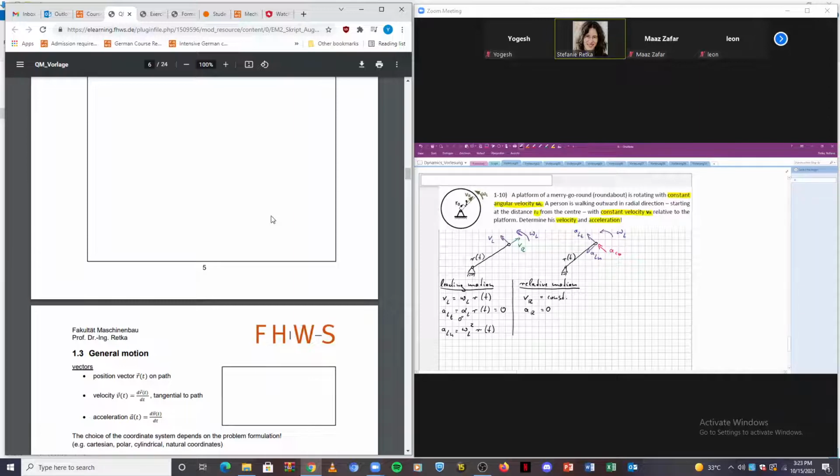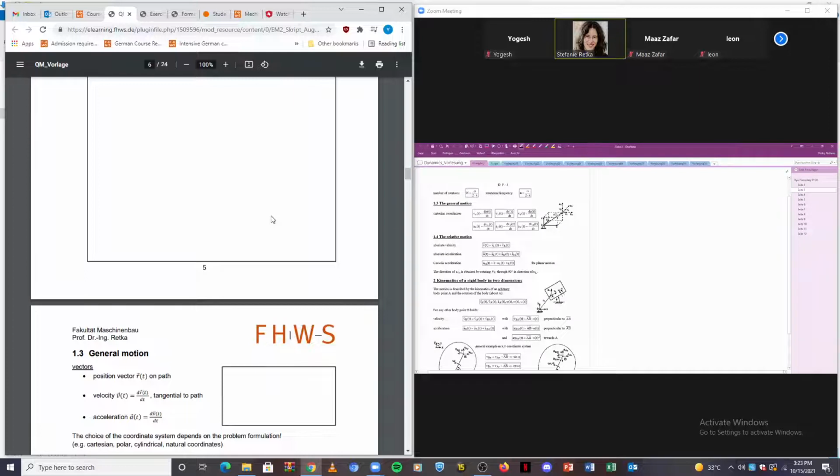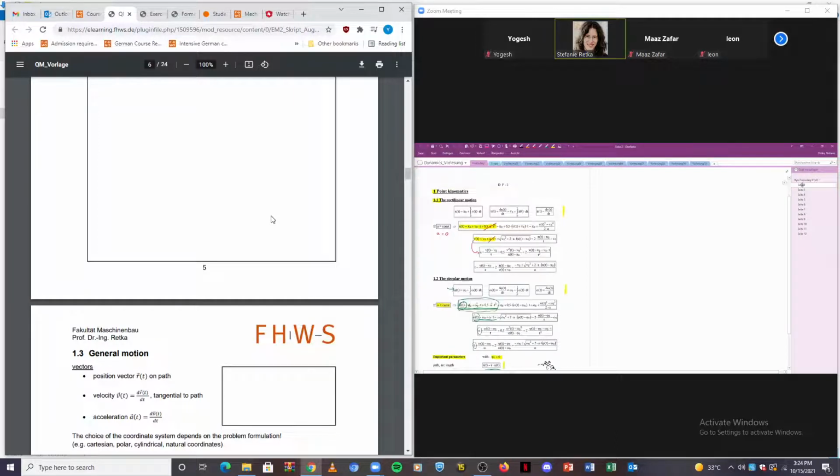And for that, I will just quickly switch to the formulary. First page of the formulary. This equation right here: we have our position as a time-dependent variable, which is equal to our initial position plus initial velocity multiplied by the time.